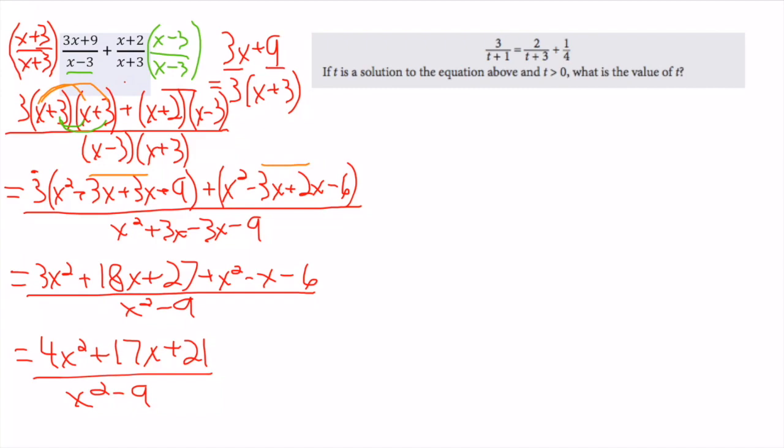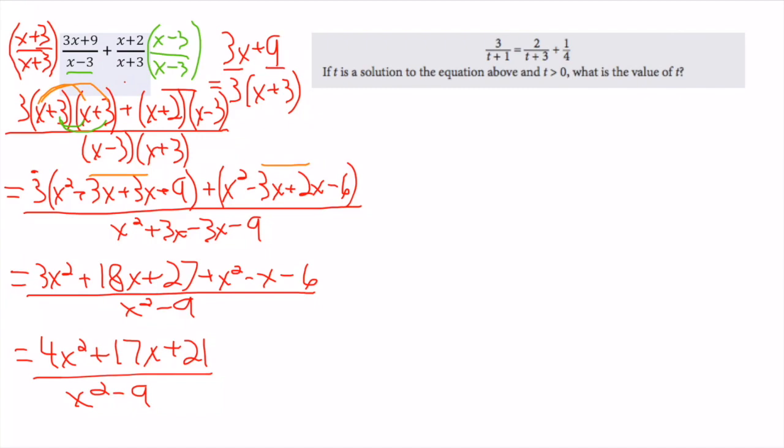Okay, so this next equation. Again, it looks fairly difficult, but all it's asking for is if t is a solution to the equation, what is the value of t? So all we want to do in this equation is just solve for t.